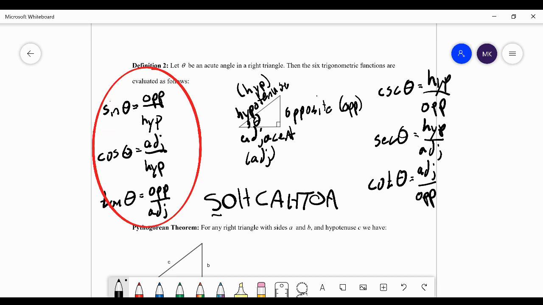And that is that sine is opposite over hypotenuse, cosine is adjacent over hypotenuse, and tangent is opposite over adjacent. And so that is a nice, fun little acronym that we can use to remember these ratios for sine, cosine, and tangent.